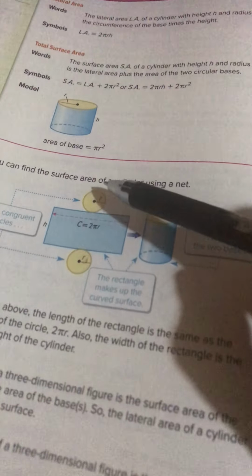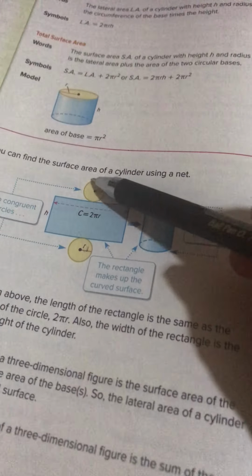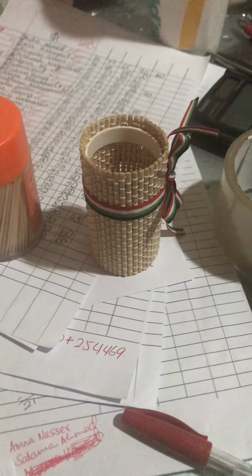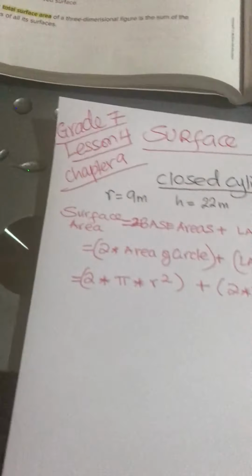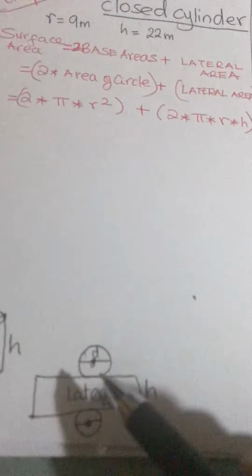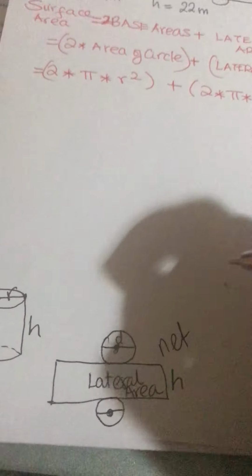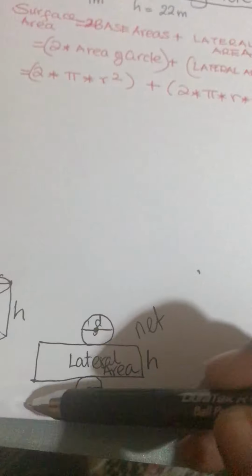Now, this picture is what we are calling the net. So there are three different nets. Why? Because you have a closed cylinder, an open cylinder, and a hollow cylinder. So the net of a closed cylinder will be the two circles and the lateral area.